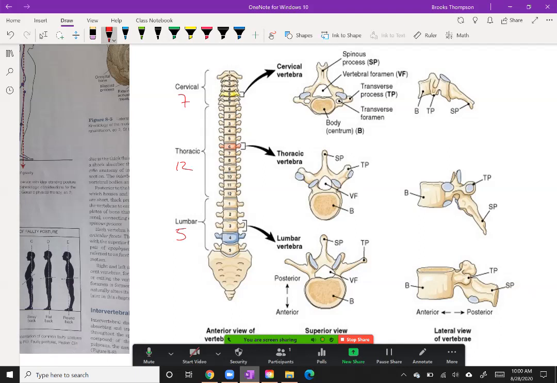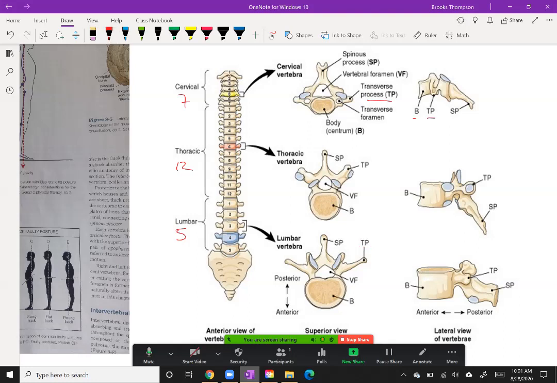So if you found one of these vertebrae laying around on the sidewalk somewhere, you'd be able to say, oh, that's a thoracic vertebra. So if you look over here at the side image first, our lateral view, you'll see that the body of the cervical vertebrae is pretty small and not an overly pronounced transverse process. Obviously it has a transverse process, but nothing like the transverse process you see in the lumbar spine down here.